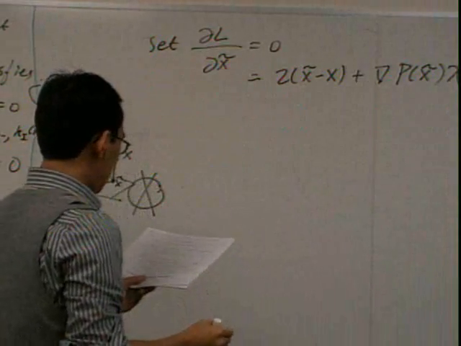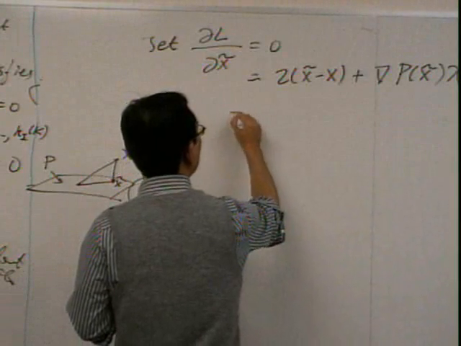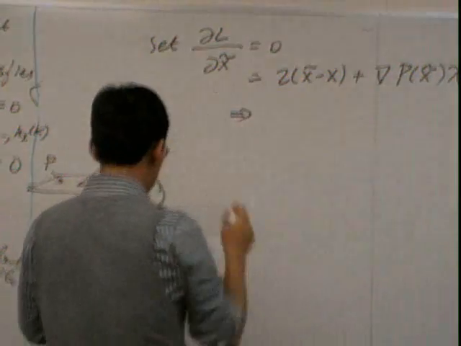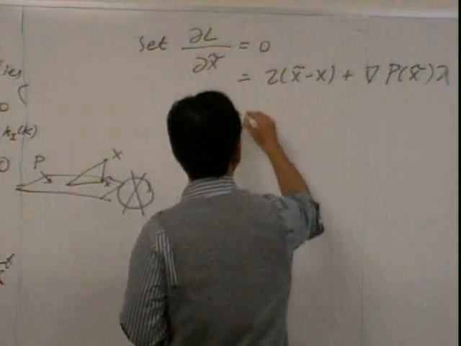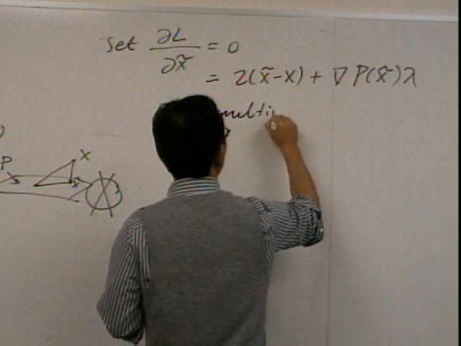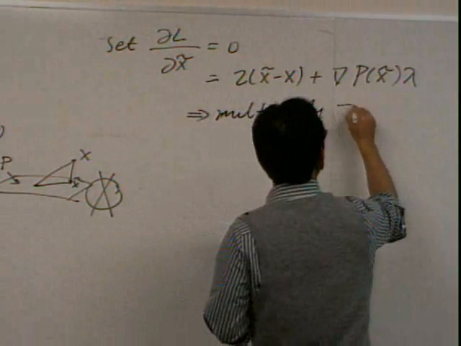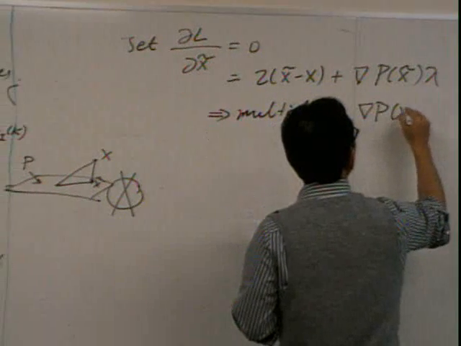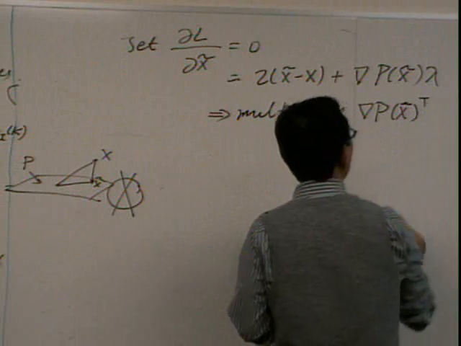Okay? So next, you are going to multiply this thing by the derivative of p at x tilde, transposed.